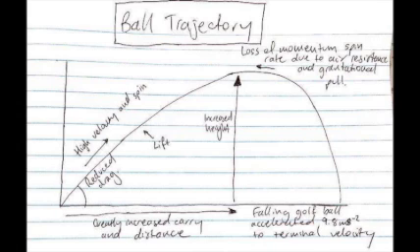Okay? So moving past that as well, we need to consider the drag force. To know the drag force, which is the force acting against the ball as it's trying to move, we need to know the drag coefficient. Unfortunately, we're not going to get into that today because that's a little bit too deep.